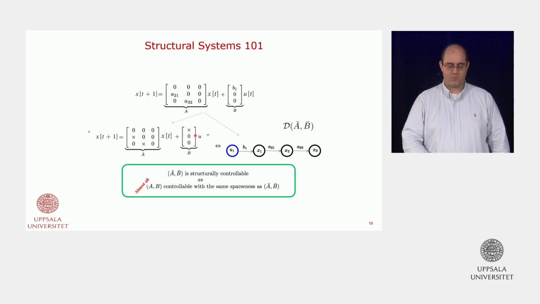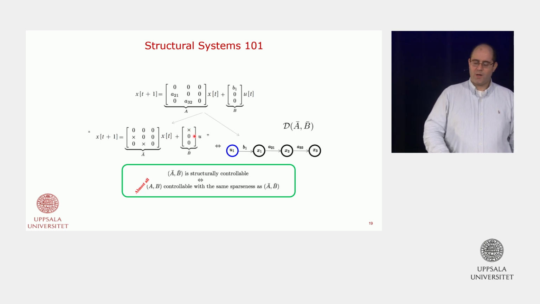And you can see here that u is going to affect the first row, meaning the first entry of the state, which will be x1. And therefore, I'll have one edge from u1 to x1, here represented with this b1, the first entry of the matrix B bar.